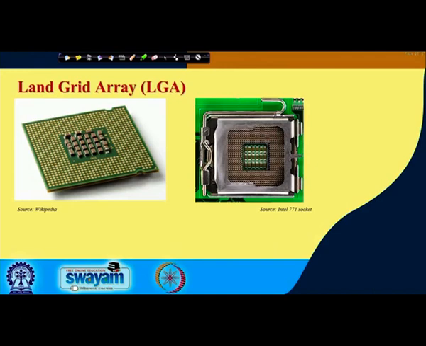If you look at this picture, it probably is a little more clear. The package side, which is shown on the left, what do we see? What we see there are pads on the package side. These are not pins like a PGA, these are not solder balls like a BGA, but these are just plated pads, correct? And on the right hand side, what you see is the socket, and the socket has these pins.